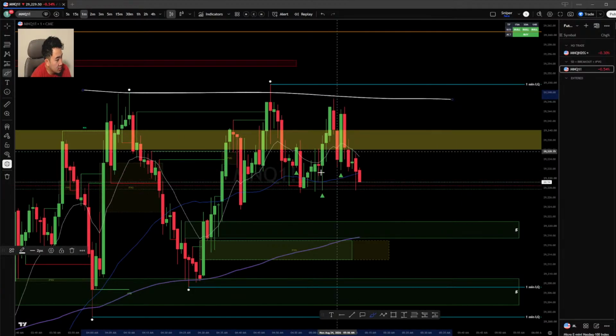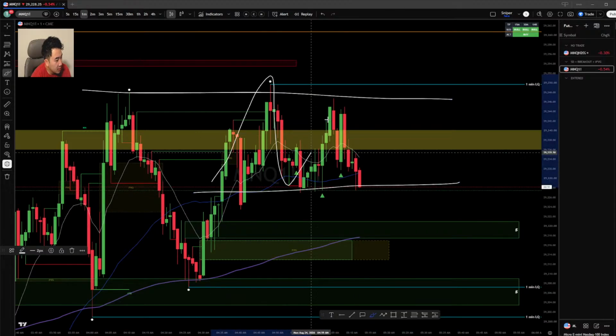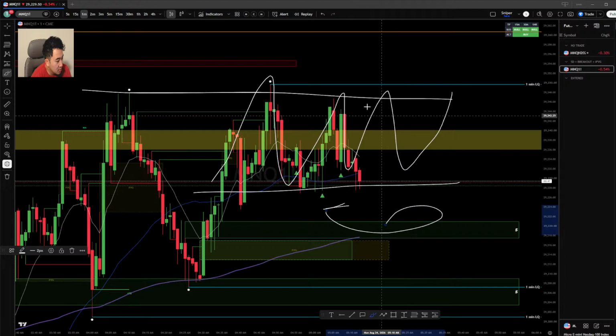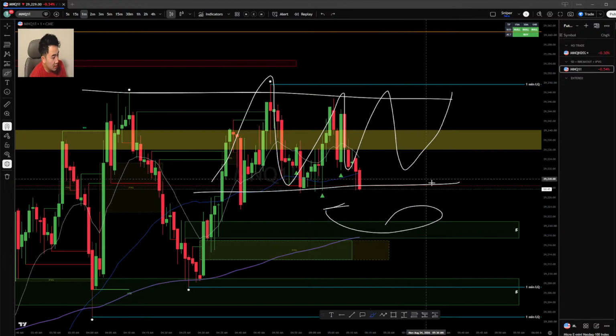This price is just ranging right here in this area. If we're looking for a setup, you want it to trade outside of this range here.